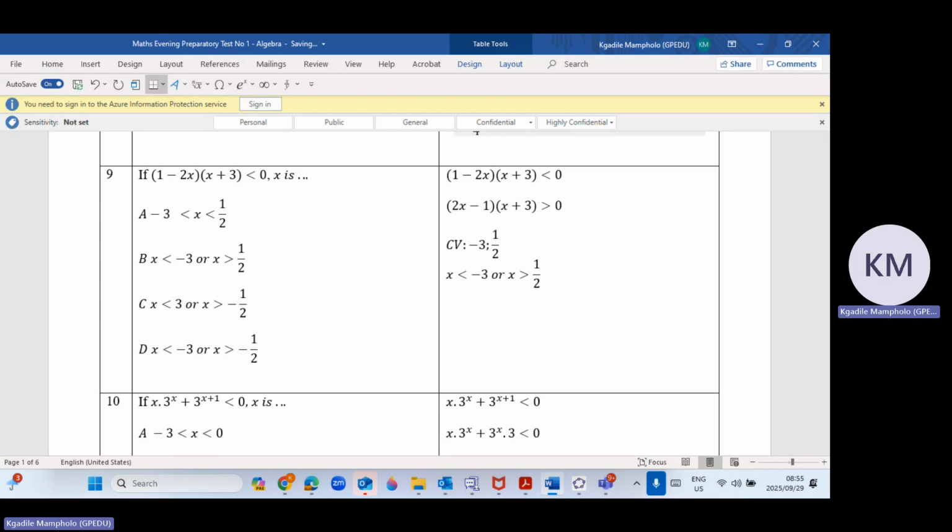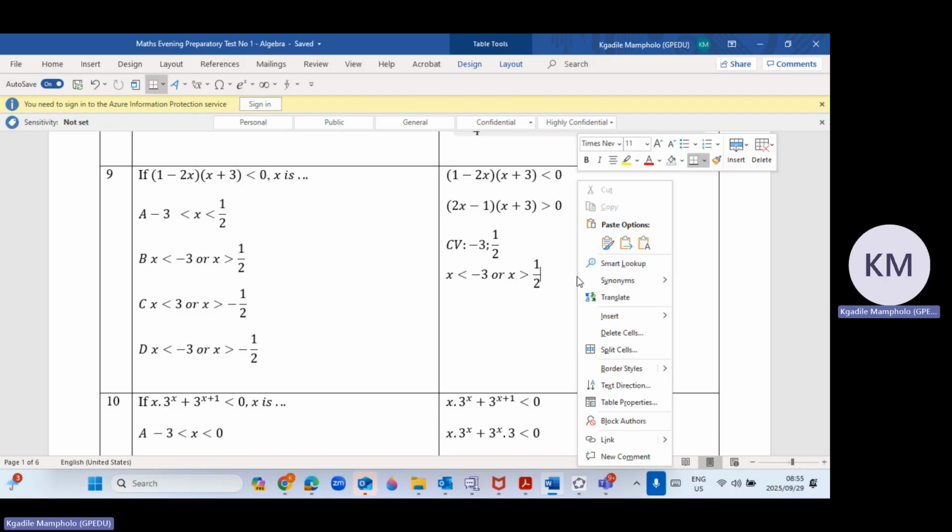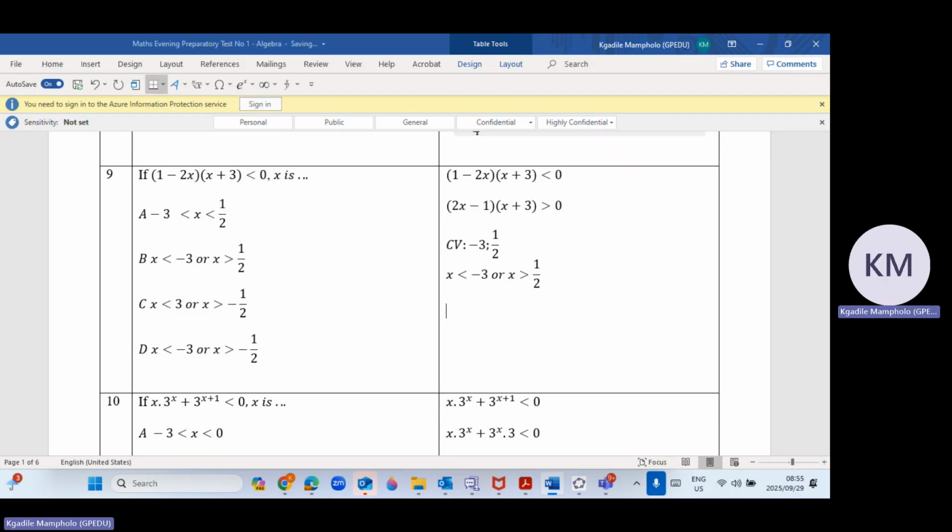So just know that if your inequality sign is less than, this is the sign of less than, so you'll write something like this.